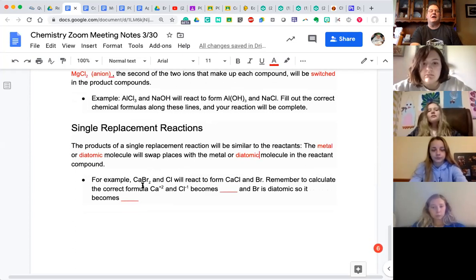For example, calcium bromide and chlorine react to form calcium chloride and bromine. So chlorine and bromine switch places.